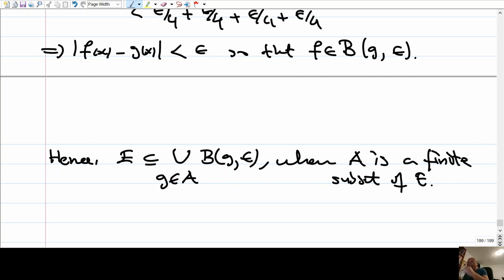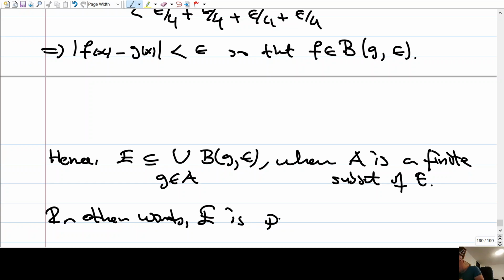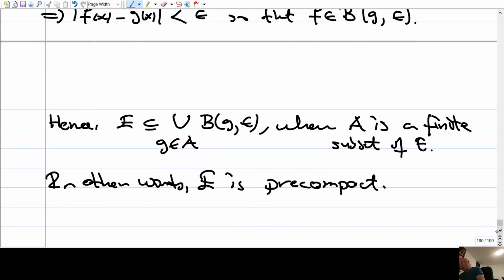So what we have seen is that E is contained in finitely many epsilon balls. In other words, E is precompact. And this finishes the proof.